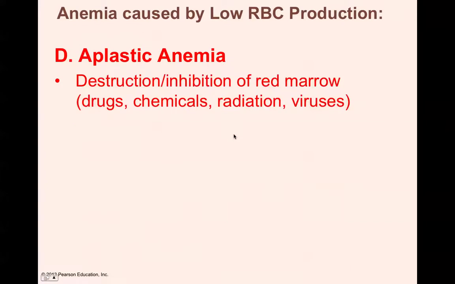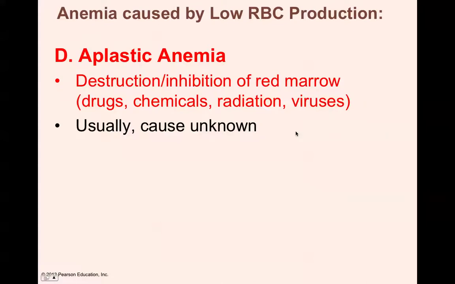Another cause for low red blood cell production is aplastic anemia. This is when the bone marrow, the red bone marrow, is destroyed or for some reason inhibited. This could be due to drugs or toxins, chemicals, radiation, and certain kinds of viruses.